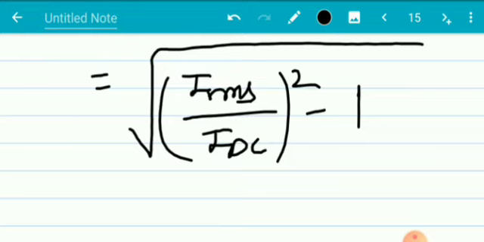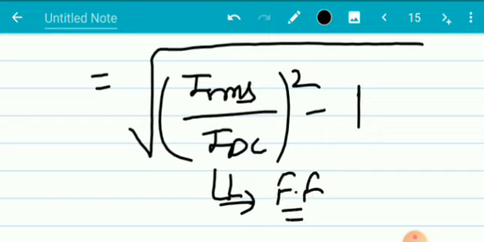And if you remember, as we wrote the formula for the form factor, this was the formula for the form factor, because the form factor is IRMS divided by I average, and the DC value is also called the average value.